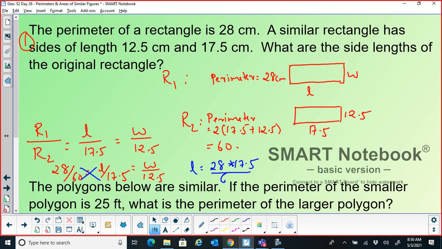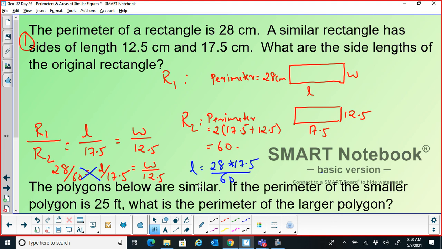If I further simplify, I'll get 60L equals 28 times 17.5, and then divide by 60 on both sides.